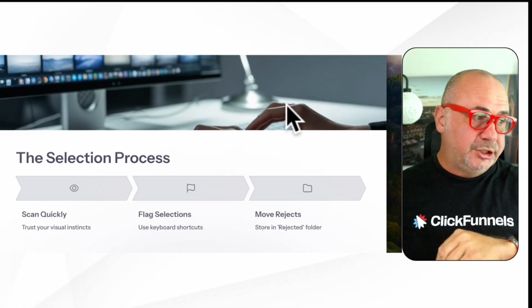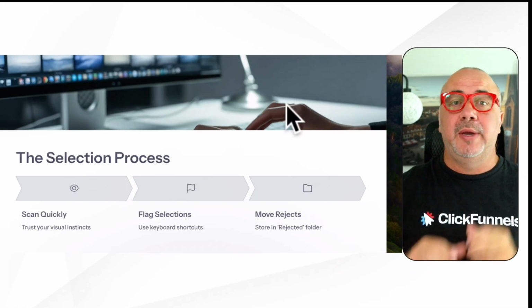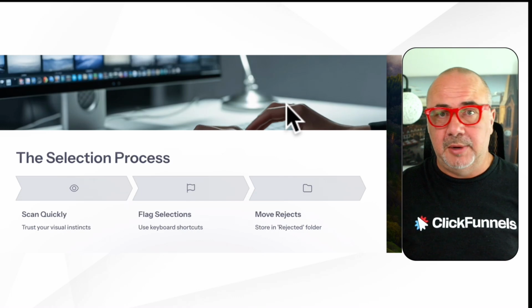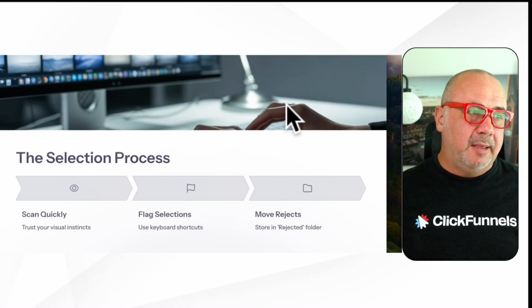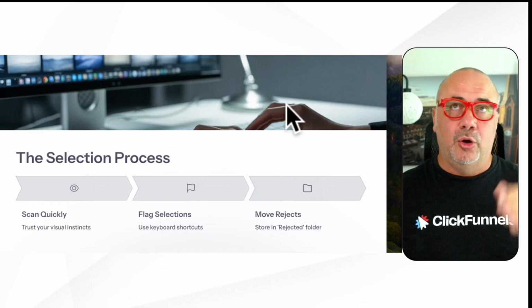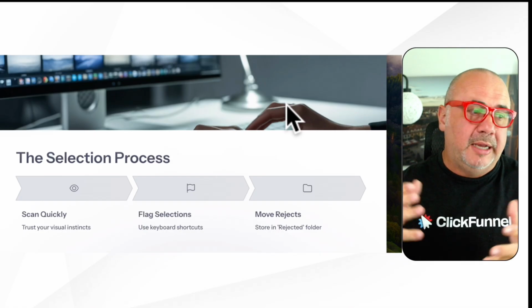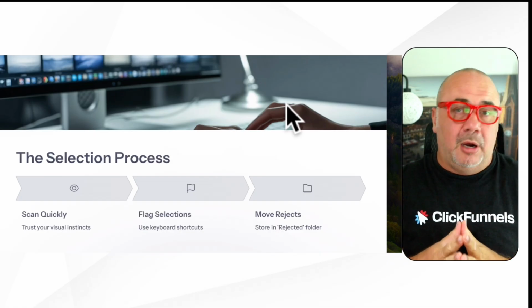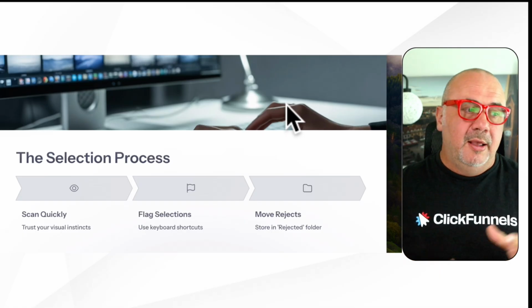So we're doing the selections. We're flagging the selections. That means as I'm going, I'm just hitting a key on my keyboard with a specific color, and then I mark the selections, and I don't mark the rejects. Rejects just stay unselected, unmarked. There's a reason for that.